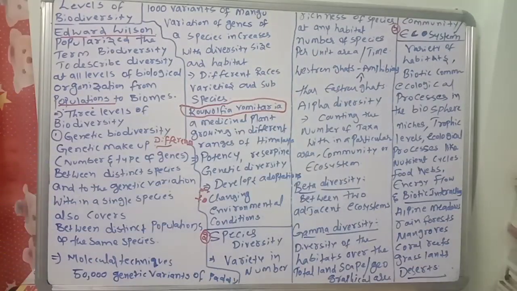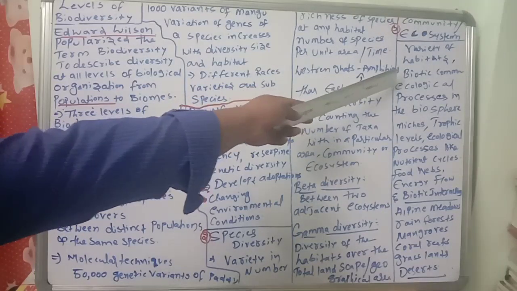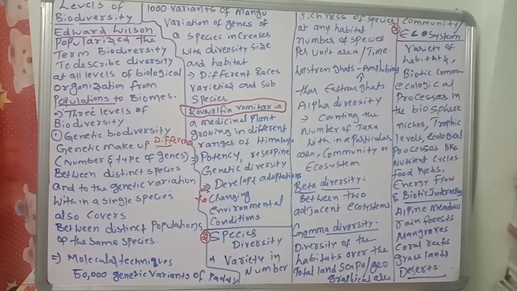Then community or ecosystem diversity. This is important. Community, you know very well, means different groups together forming communities. It is the variety of habitats, biotic communities and ecological processes in the biosphere.